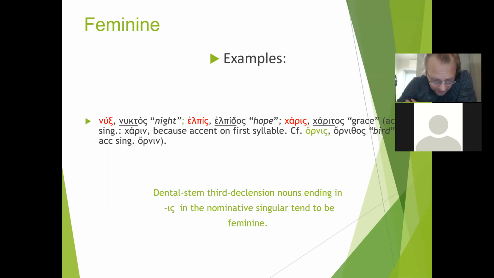So hence the accusative singular of ornis, which means bird, is also ornin and not ornita. What can be added too is that nouns ending in is are often, but not always, feminine.